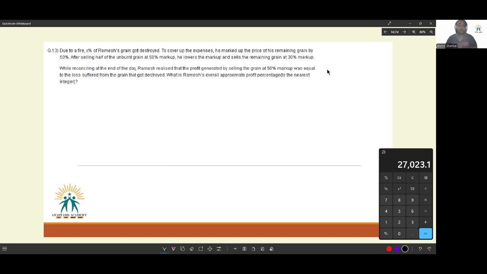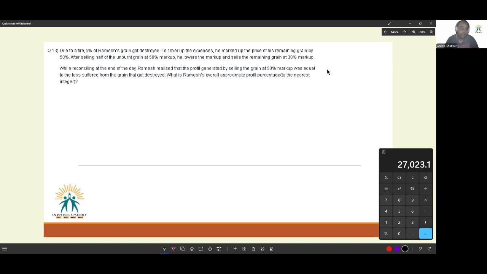Next, due to a fire, X% of Ramesh's grain got destroyed. To cover up the expenses, he marked up the price of his remaining grain by 50%. After selling half of the unburnt grain at 50% markup, he lowers the markup and sells the remaining grain at 30% markup.